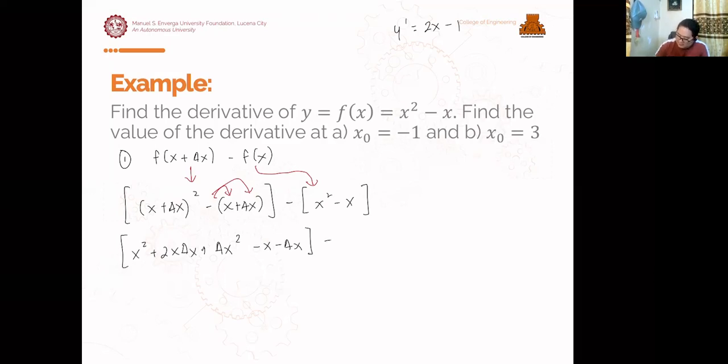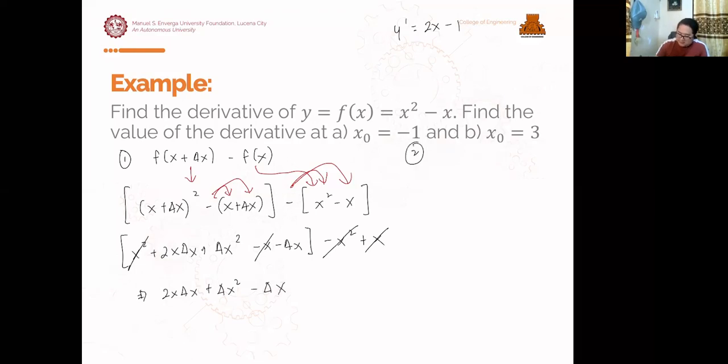Minus, ito pwede ko na itong i-distribute, so that will be negative x squared plus x. Okay? Simplify. Ano ba pwede simplify dito? Pwede na natin pag-minusin to. So, negative x tsaka x will be 0. X squared tsaka negative x squared will be 0. So, matitira sa function natin is 2x delta x plus delta x squared minus delta x. Okay? Ito yung naging sagot sa step 1 natin.